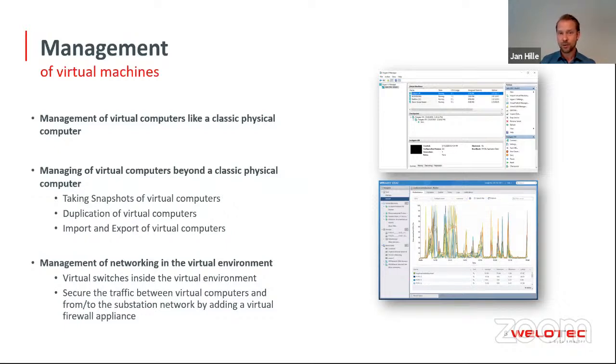Why is this approach interesting? This means we may have the situation that those virtual machines inside such an environment have to communicate to each other, and this traffic does not leave this virtual environment. In fact, it does not cause any load on your physical network because it stays inside there. The other important thing is we can in fact secure the traffic between virtual computers and the outside world by, for example, adding a virtual firewall appliance, which is in front of the devices with regards to the real network interface.